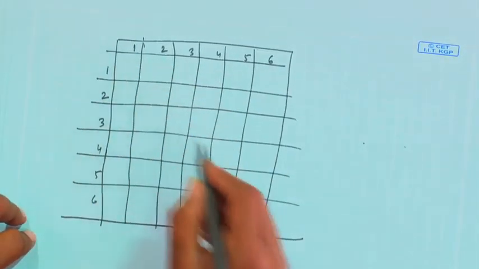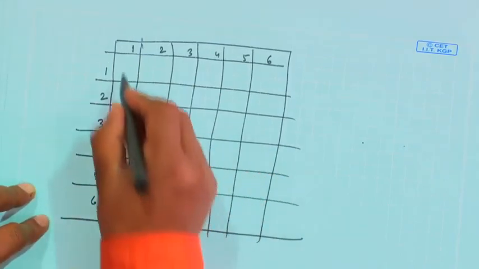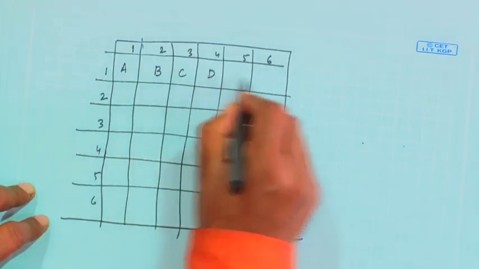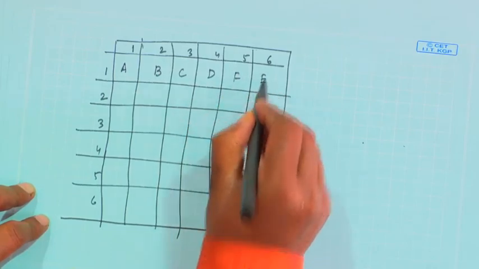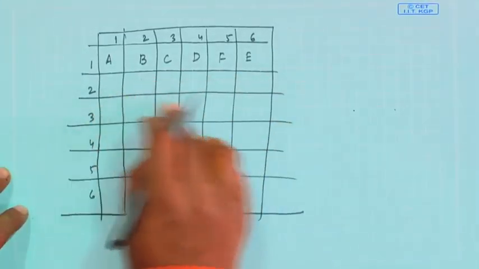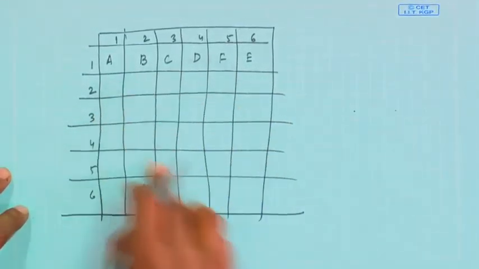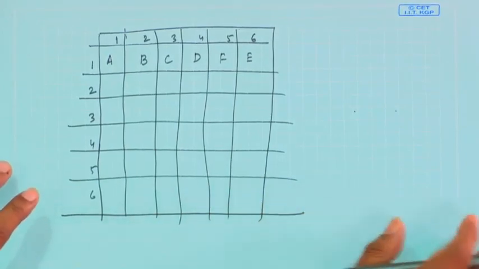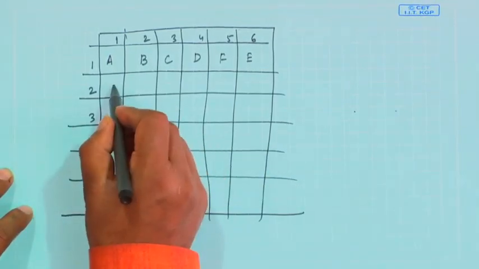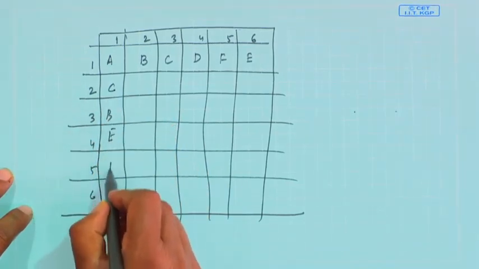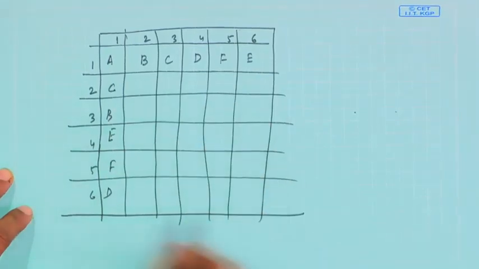Now, all these A, B, C, D will be placed. So, here let it be A, B, C, D, let it be F and E. Obviously, we have to follow the Latin square generation rules, and accordingly you will be writing down. For example, suppose we got this A, then this will be C, let it be B, then E, F, D, in this manner.